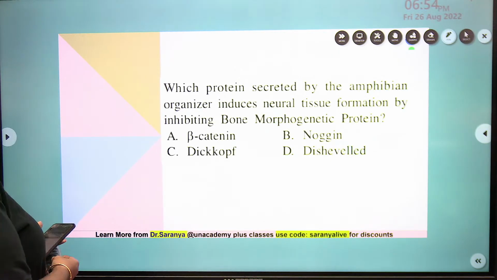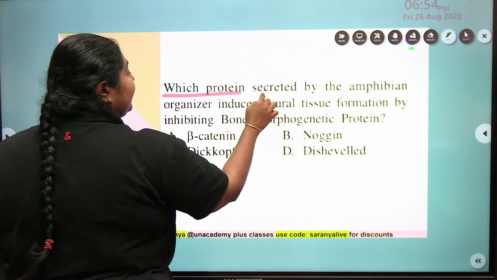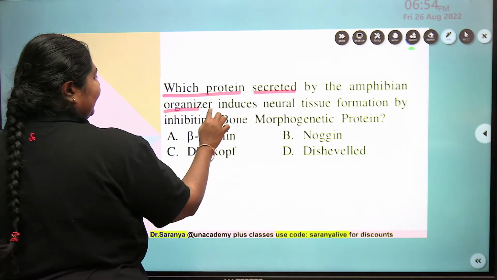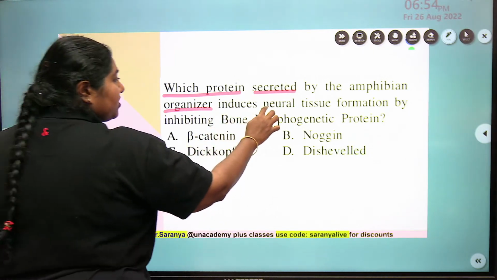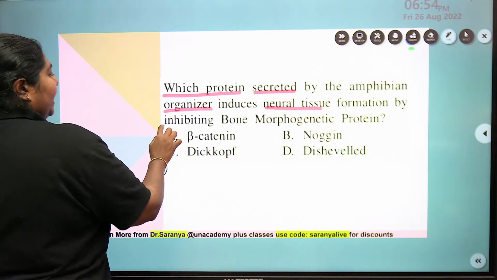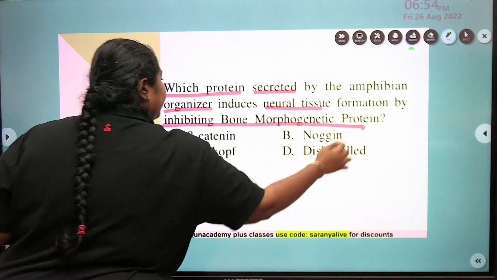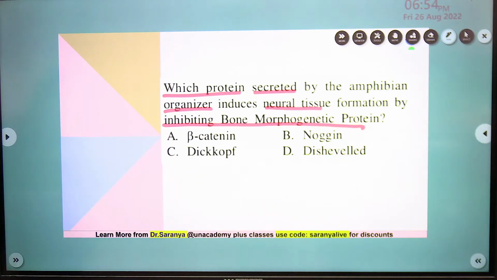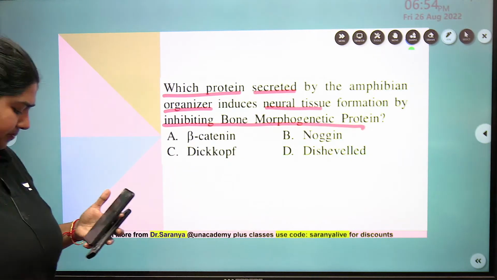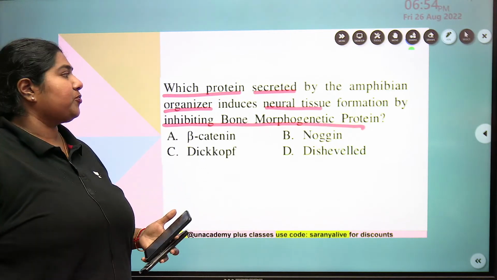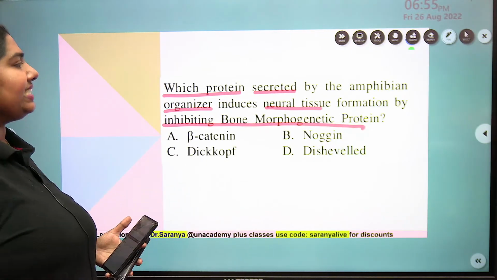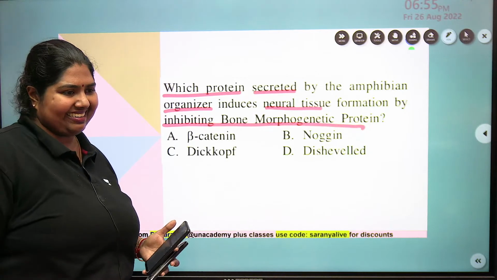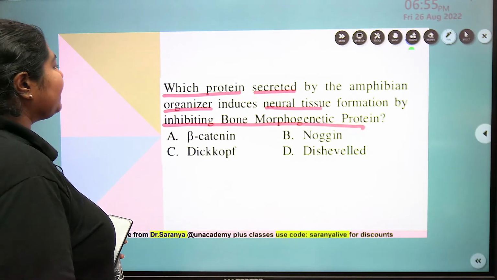Which protein is secreted by the organizer which induces the neural tissue by inhibiting BMP? Yes, Richa. Come on, everybody. Which protein is secreted by this amphibian organizer which is inducing the neural?